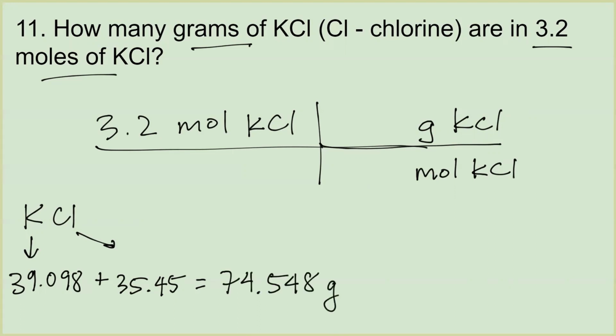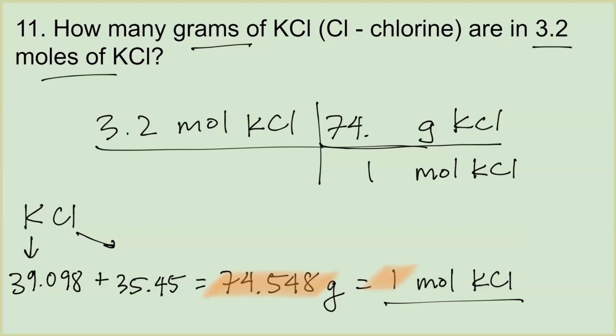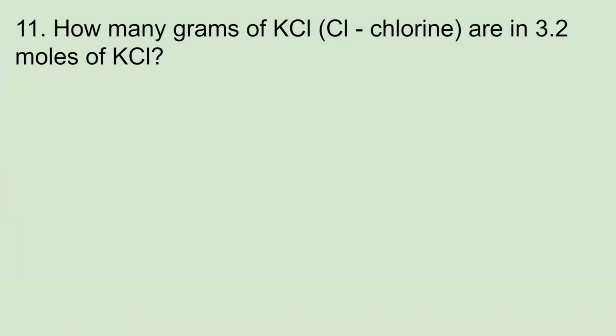And that's grams in 1 mole of potassium chloride. So we got to figure out, where does this number go and where does this number go? The 1 goes with moles because it's down here with moles. And the number that I calculated, that's the mass in grams. So I'll put 74.548.